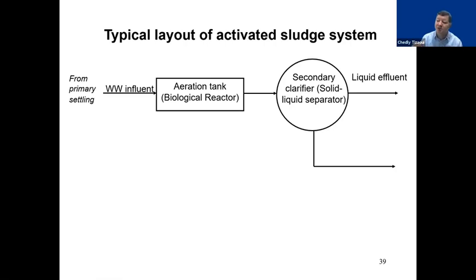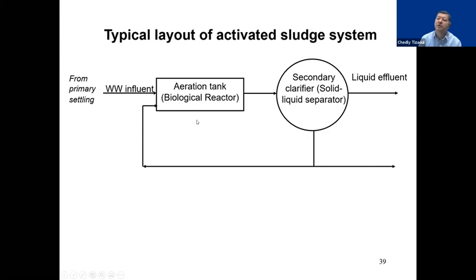So instead of wasting all of those microorganisms, we waste only a fraction of them, and another fraction is recycled back into the aeration tank, because these microorganisms are still alive. They are happy to keep eating, in brackets, the food that is coming in with the wastewater. And that's the trick really about the activated sludge.